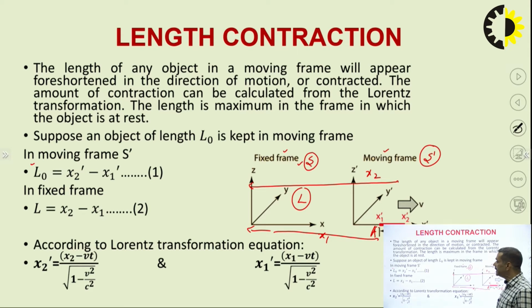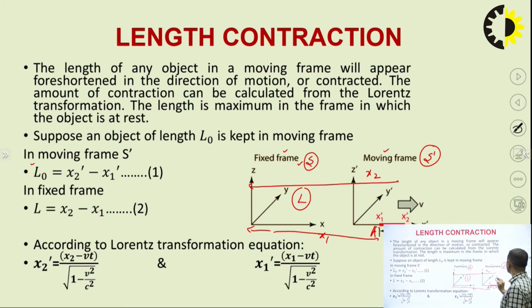We know the relation between the space and time coordinates with respect to the Lorentz transformation, and the values of x2 and x2 prime can be related with these transformation equations. So the value of x2 prime will be x2 minus vt divided by root of 1 minus v square upon c square.